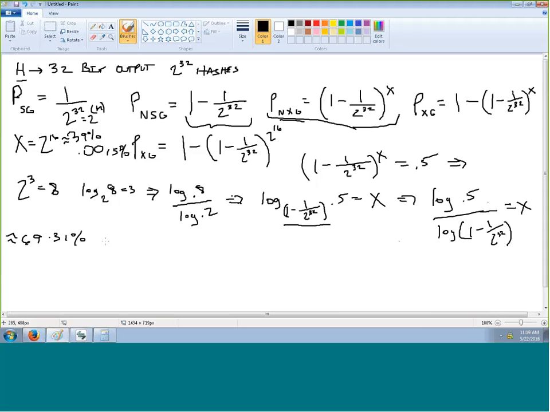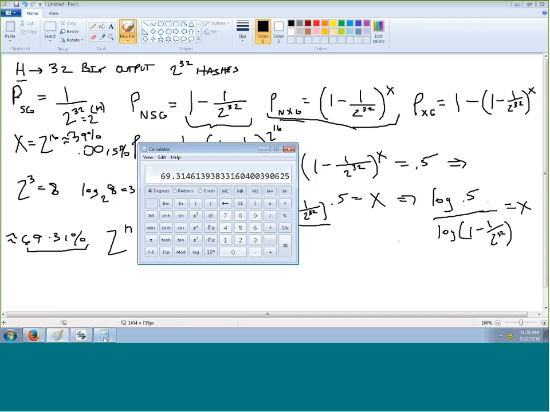And 69.31%, so we're coming close. Now you see why a lot of authors will put in their text that in order to break a weak collision, we'll need on the order of 2 to the n tries. We go back here. Let me see, times, what was our number?